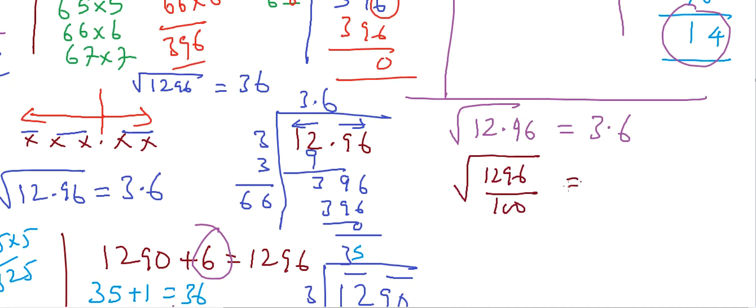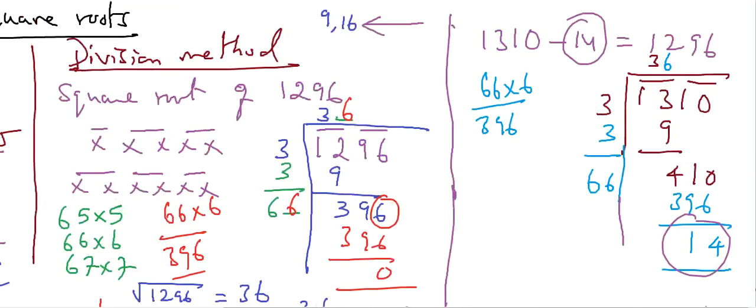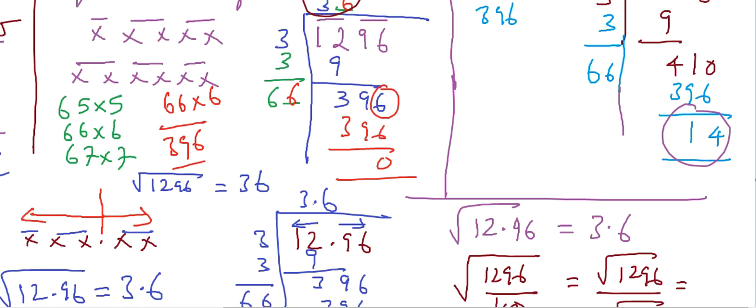So the square root of the fraction is the square root of the numerator by the square root of the denominator. Again, the square root of 1296 is 36.